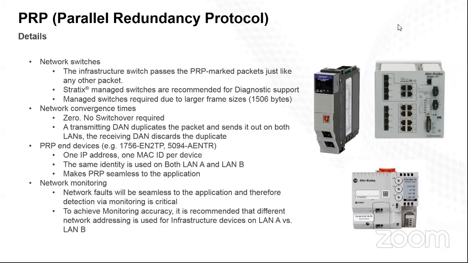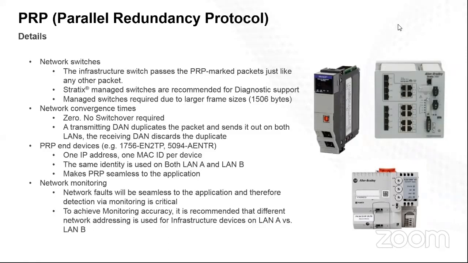That's why the ControlLogix and the Flex 5000 pictures you see there are two pieces of technology with Rockwell that support the parallel redundancy protocol, and they can send and receive the PRP packets. But the LANs? How do you get communication between the controller and the I/O? Through the switches. We recommend those being Stratix managed switches, so 5700s, the new 5800s, etc. Those will support the LAN topologies in between your DAN networks and your red boxes.